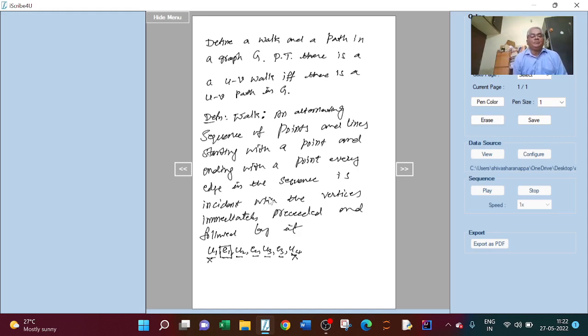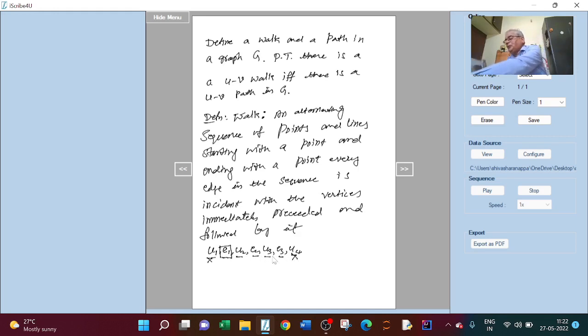And what is a path? A path is a walk where the vertices are not repeated. In a walk, there may be repetitions of the vertices and edges. In a path, vertices are not repeated, and consequently edges are also not repeated.